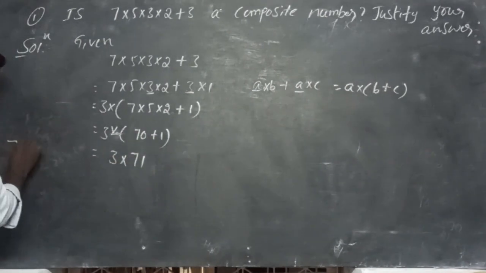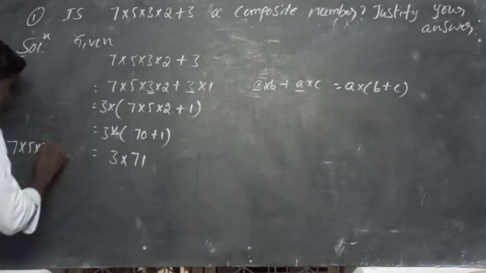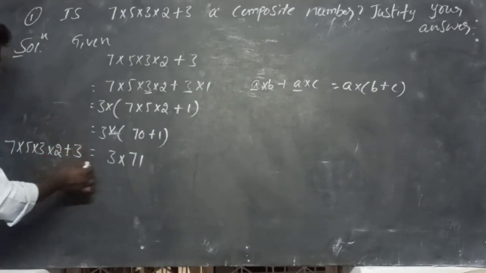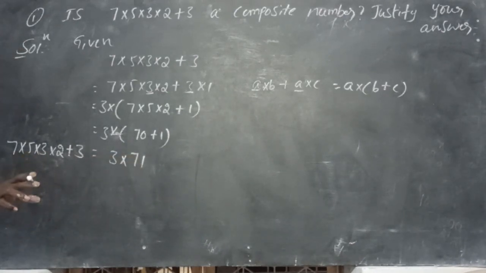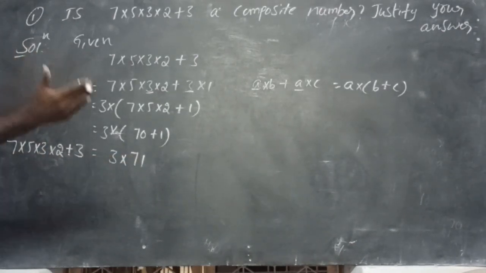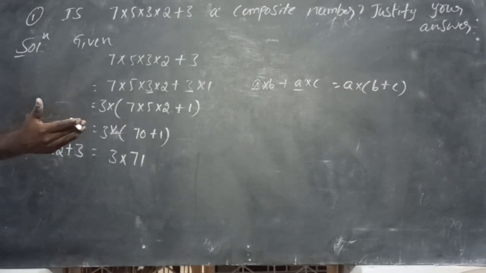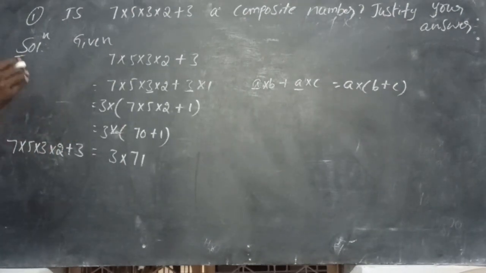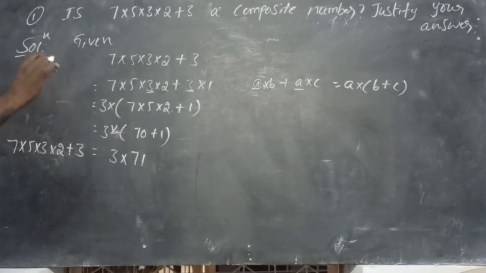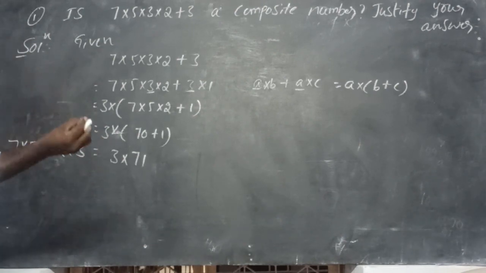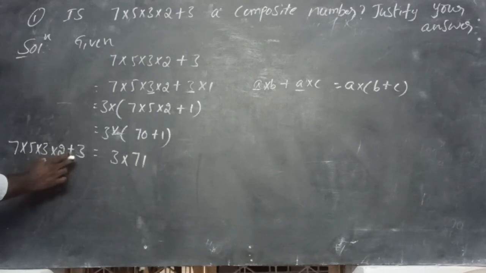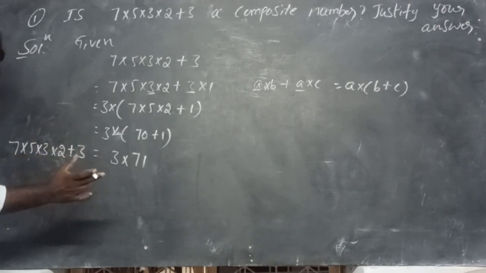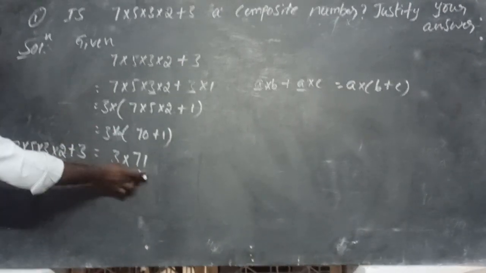So the number 7 into 5 into 3 into 2 plus 3 we can write as a product of 3 and 71. Multiples here means divisible, so these are the divisors or factors of the given number. For this number, the factors are 1 and itself, 3 and 71.